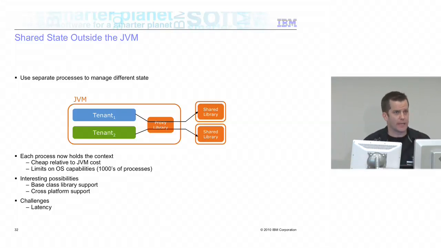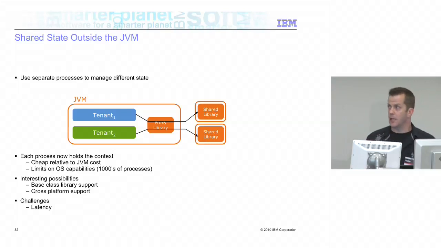It is an approach, and it is something that we use. There are some interesting possibilities with this as well. You don't necessarily have to have the shared library be on the same platform as your multi-tenant host. It could be a completely different architecture if you really want. There are some interesting kill possibilities as well.